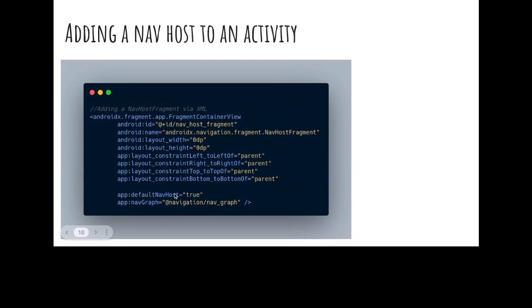So default nav host is set to true. This is to show the Android system that this is the default fragment container. If you set this default nav host, it means that you have the ability to control the back system of your Android app.